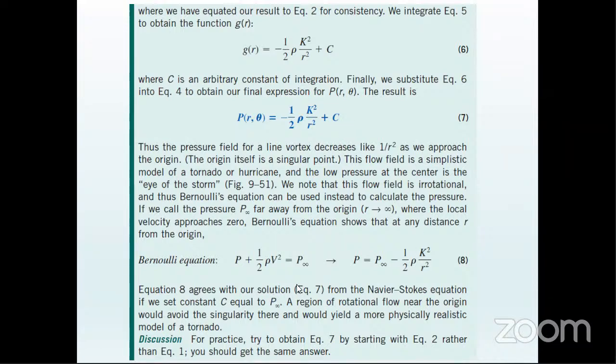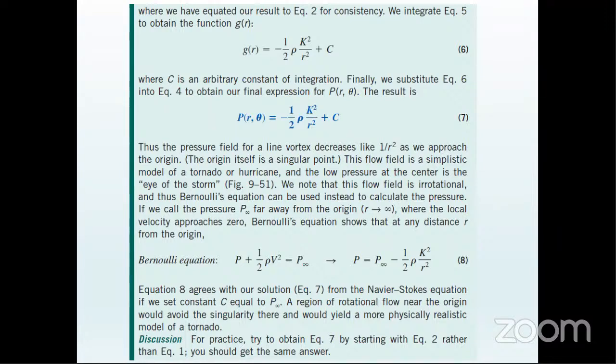This equation 8 agrees with our solution in equation 7 from the Navier-Stokes equation if we set the constant C equal to P infinity. A region of rotational flow near the origin would avoid the singularity, giving a more physically realistic model for the tornado.